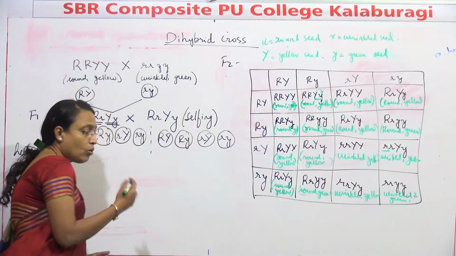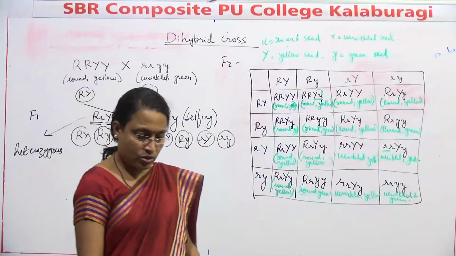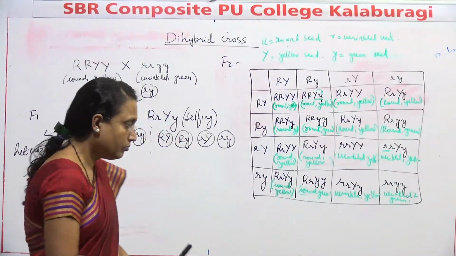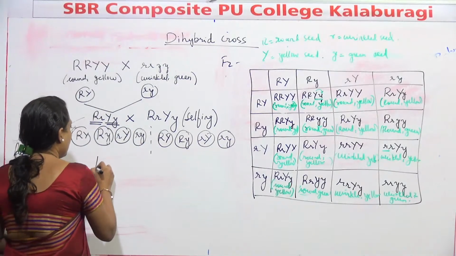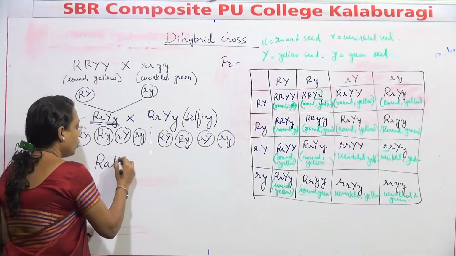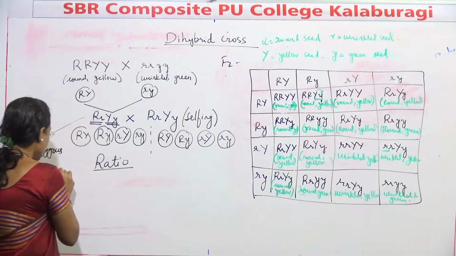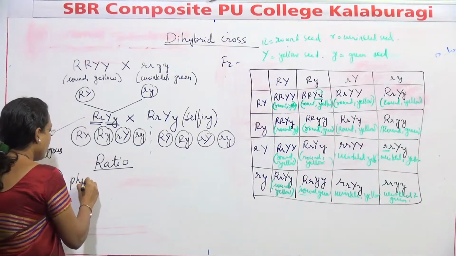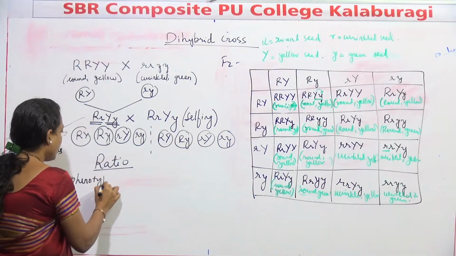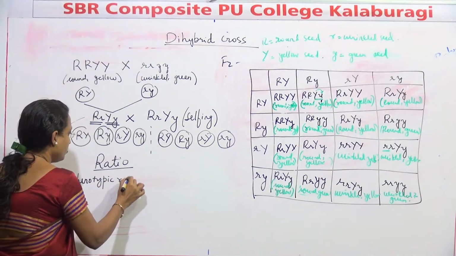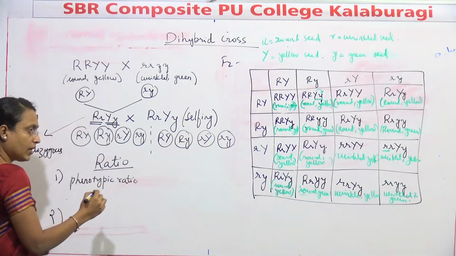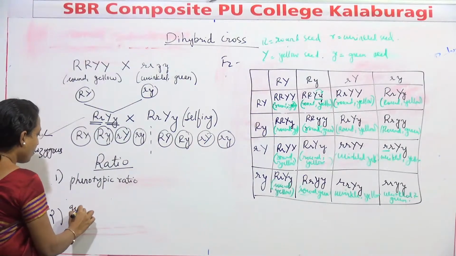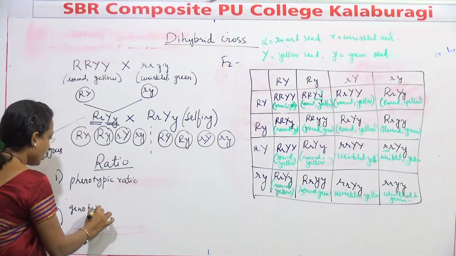Okay then, what is the ratio? Finally, coming to the ratios. Two types of ratios you get here in a dihybrid cross: one is the phenotypic ratio, the other one is the genotypic ratio.